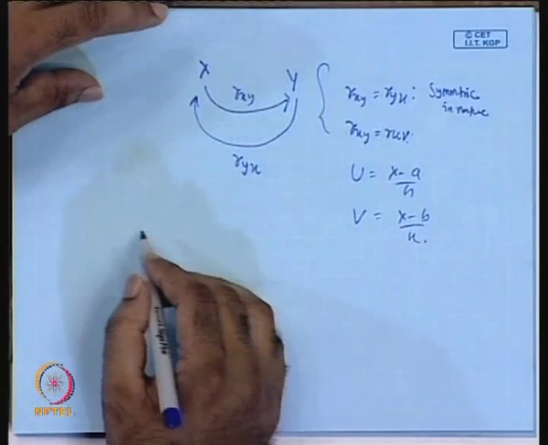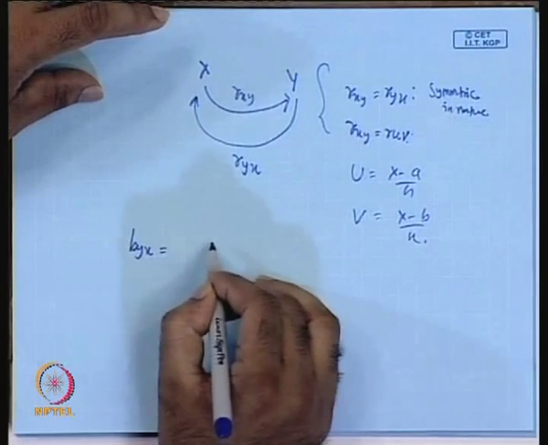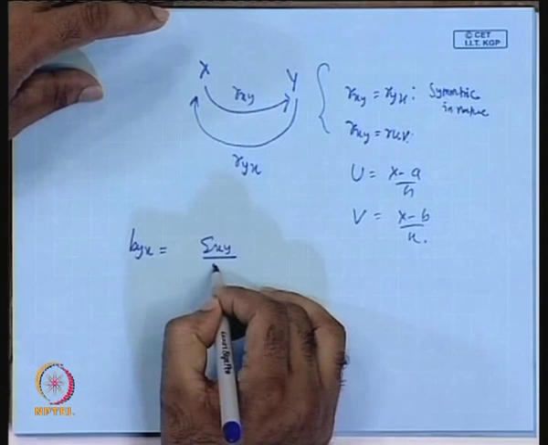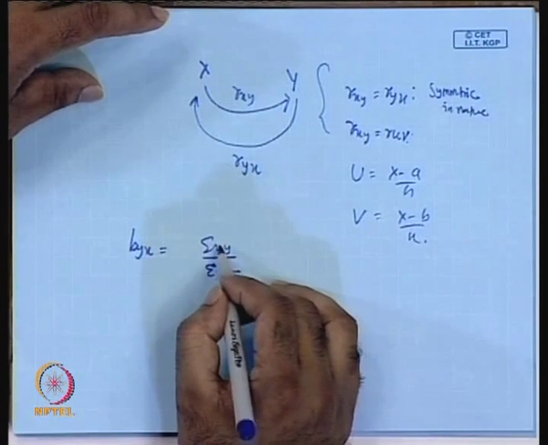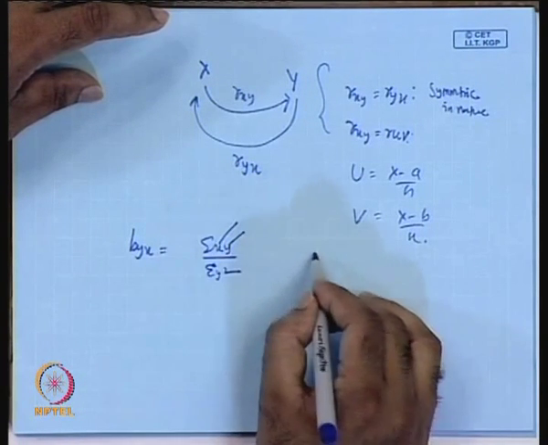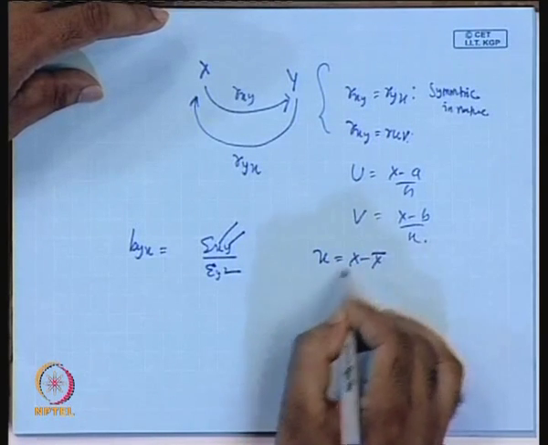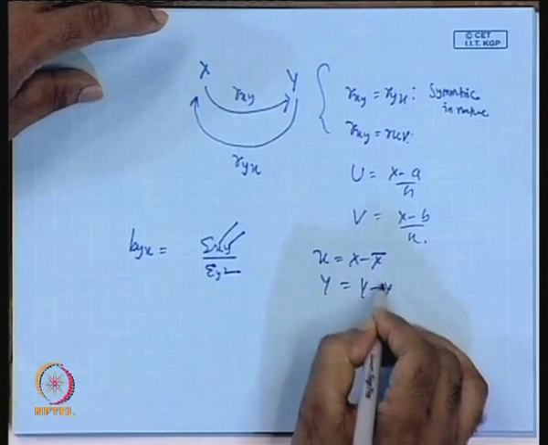The reason is that byx is simply summation xy by summation x squares, where x represents x minus x bar and y represents y minus y bar.